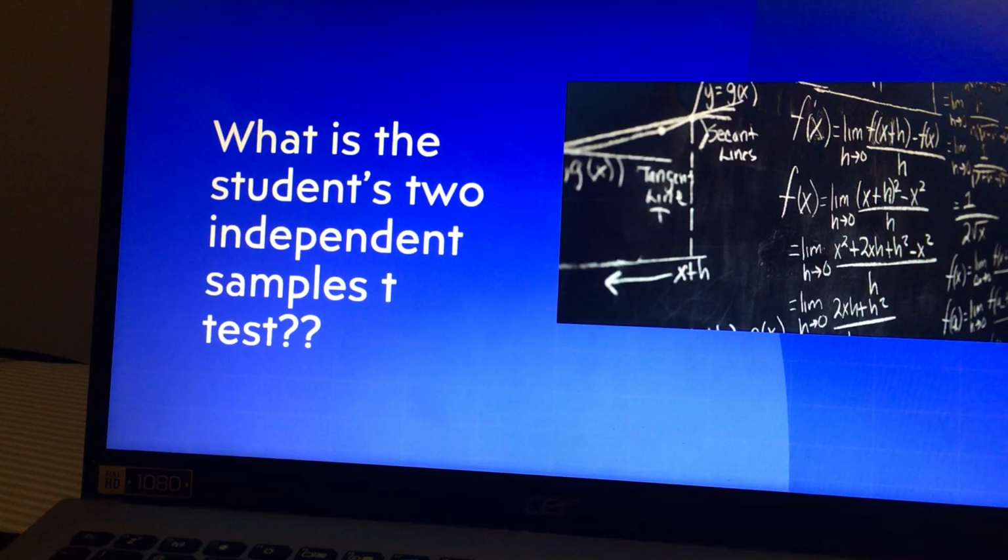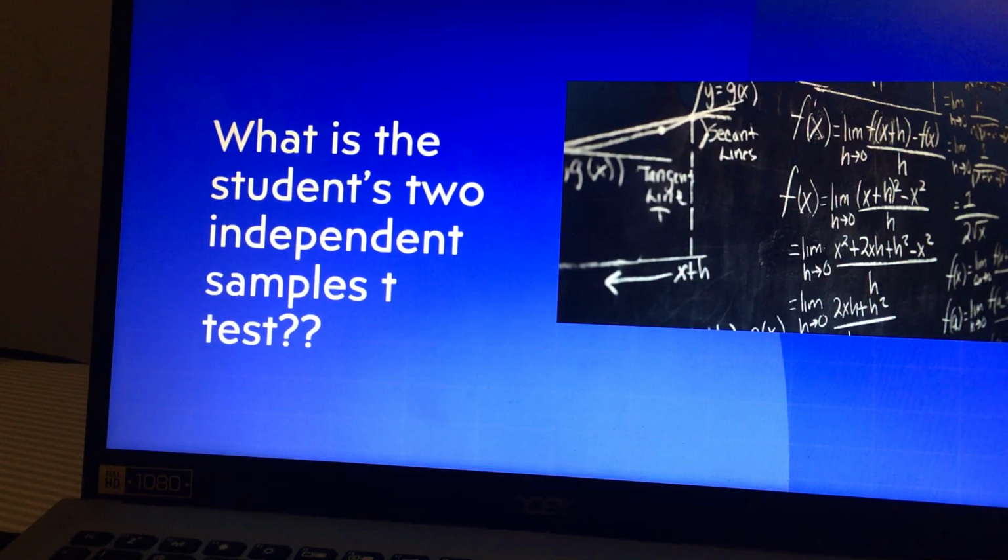So again, we're learning about the independent samples t-test here. It's also known as an independent t-test or two independent means t-test. There's quite a few synonyms for this test. And it does come in two different forms, so that is what's really important here.